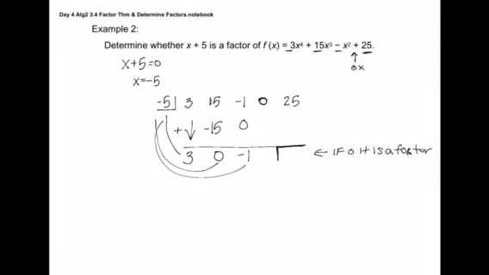Multiply, negative 1 times negative 5 is positive 5. 0 plus 5 is 5. Multiply, 5 times negative 5 is negative 25. So we get a remainder of 0. So we can say that x plus 5 is a factor of our polynomial.